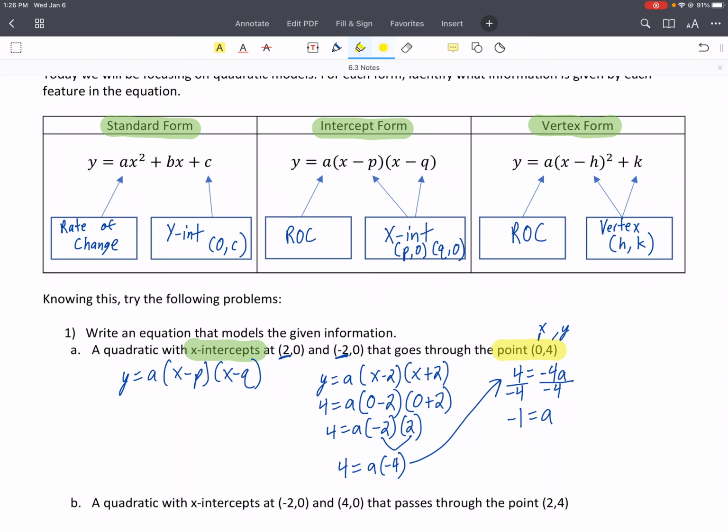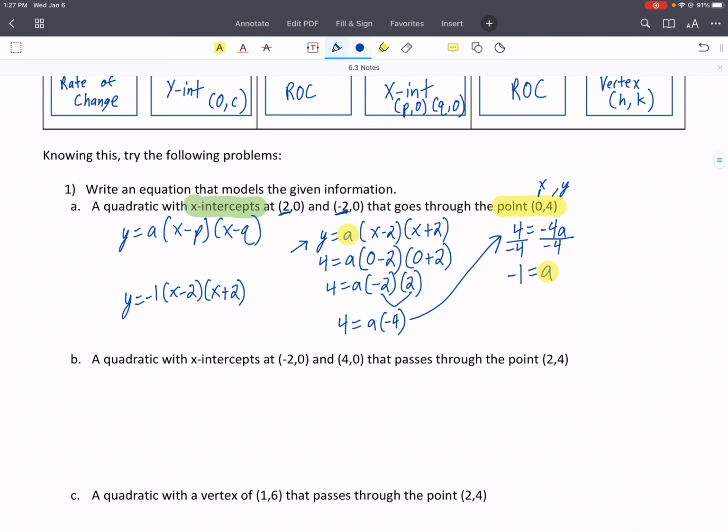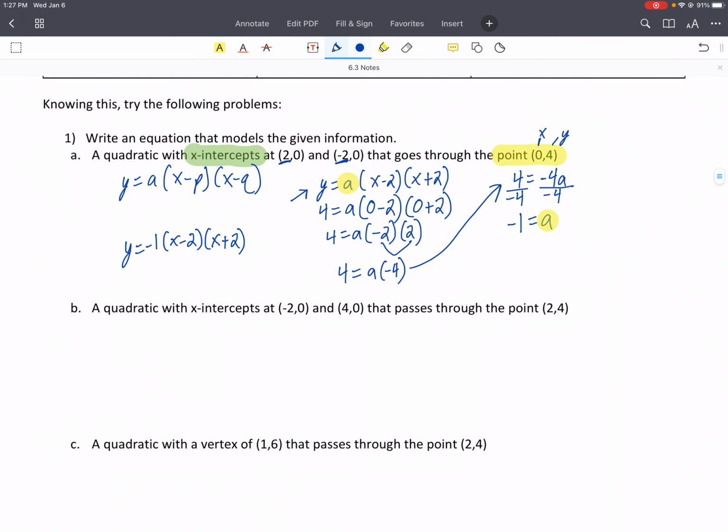Now that we have our a, we can plug it back into our original equation. So our equation for this would be y equals negative 1 times (x minus 2) times (x plus 2). And that's how we do that if we're given the x-intercepts.